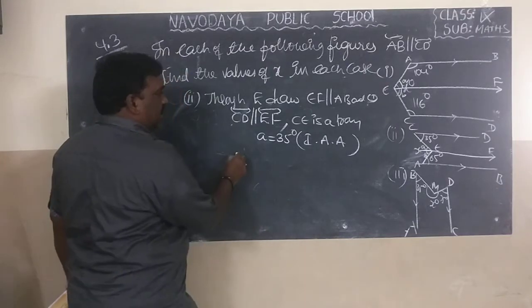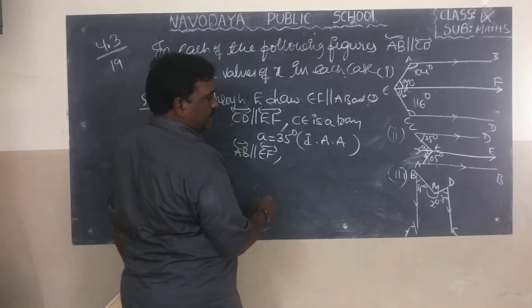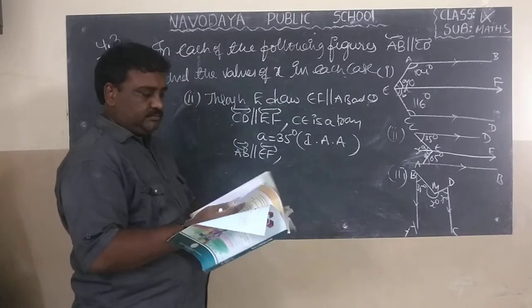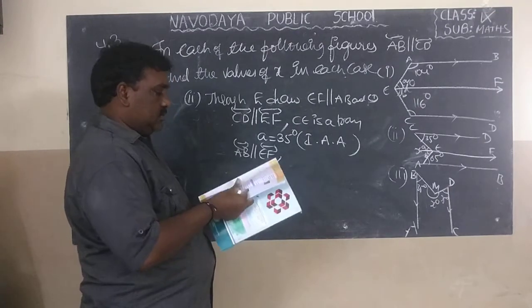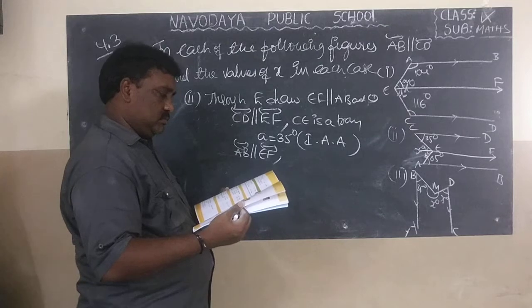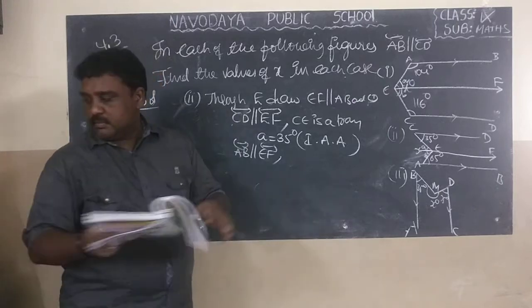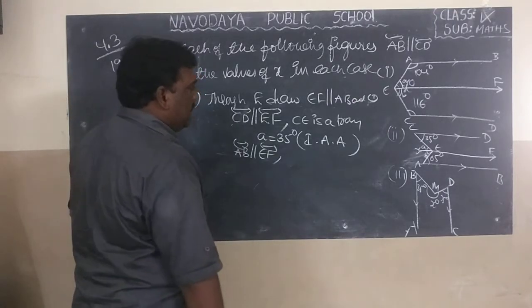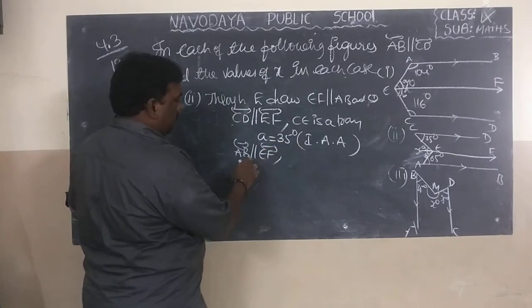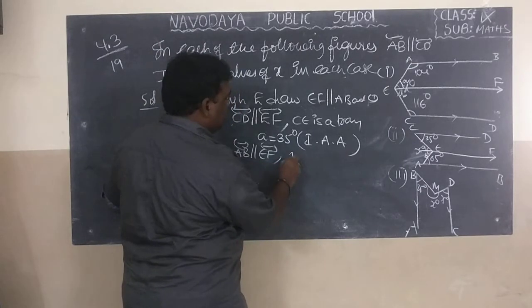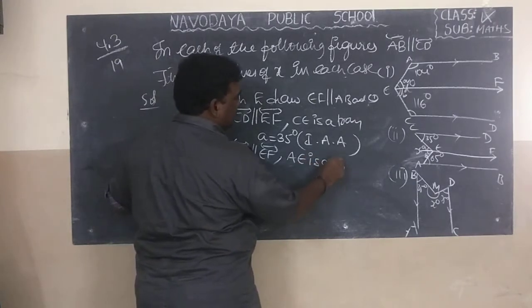Similarly, AB parallel EF, comma AE is a transversal.